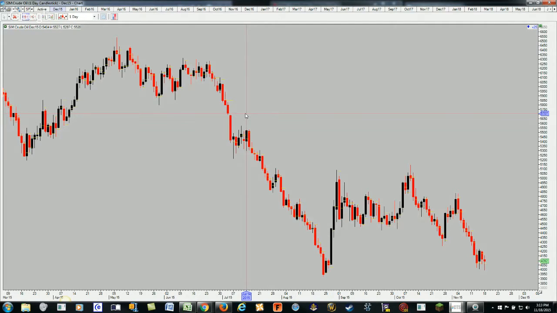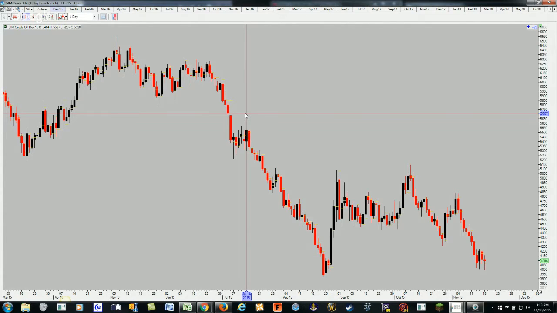So right now, even though we're still in November, December was the active contract, but we're moving into January, which is the next month out. And we trade basically 1 month out. That's kind of how it always moves. It's a futures chart, so it's kind of confusing in the beginning.